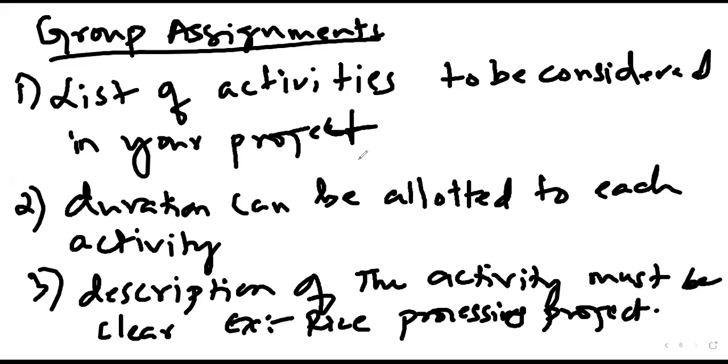Something that is expected. So what I'm expecting is the list of activities. It has to be very clear. Why I'm asking this is because if I directly ask every group to submit the list of activities towards the end of the semester, they will submit randomly some activities without any clarity of what each of the activity stands for.